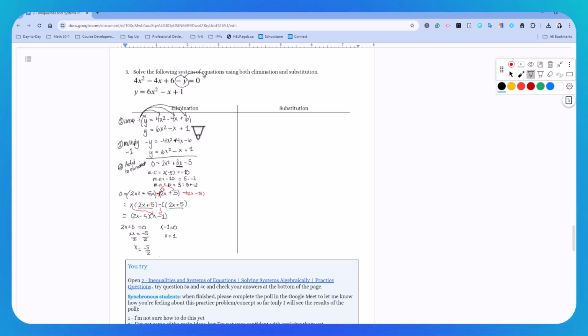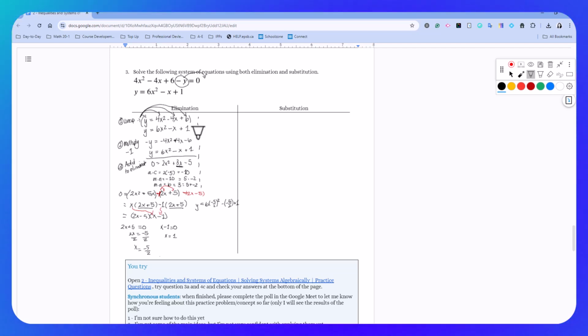Okay. Next thing we want to do is figure out our y's. For the first x, we're going to pick either one of these equations. Actually, I think I will write it down here. I'm going to say y equals 6 times negative 5 over 2 squared minus negative 5 over 2 plus 1.